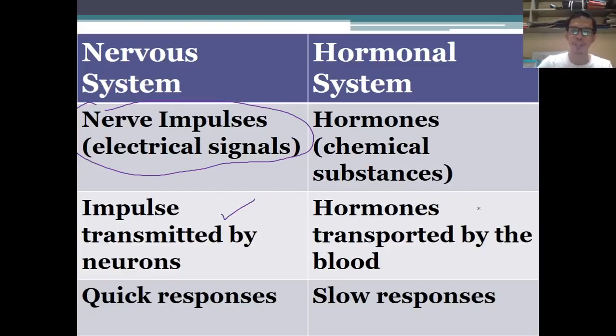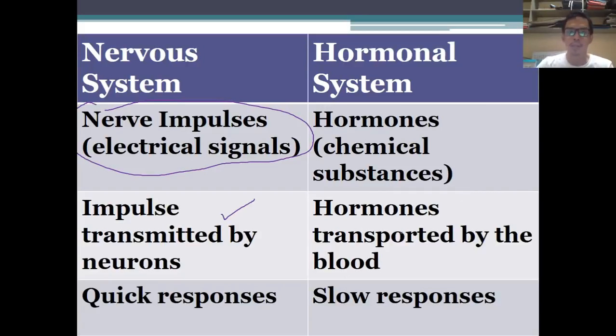Action potential travels from neuron to neuron. And the hormonal system uses hormones which are transported by the blood system. Meaning the hormones are secreted and transported using the blood system.